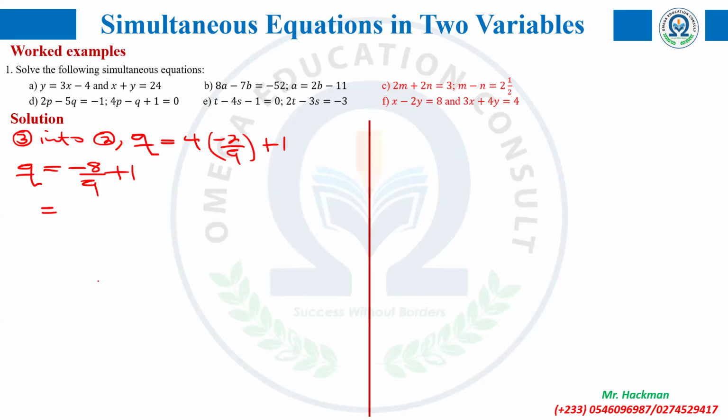Negative 1 over 9. You should know this. Okay, so negative 7 over 9 rather. So now this is what you have. You come and draw your conclusion. Therefore, P is equal to negative 2 over 9, and Q gave us negative 7 over 9.